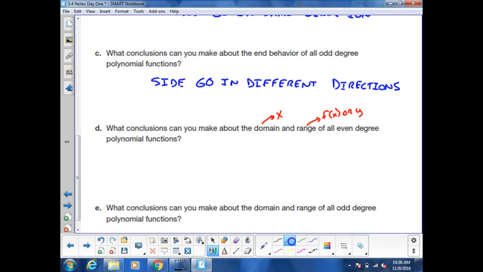You've heard me say there's three different types of numbers in this world, right? Positive, negative, and 0, right? Can I put a positive number into an even degree function and get out an answer? Let's take x squared, for instance. Can I put a positive number in for x into x squared?